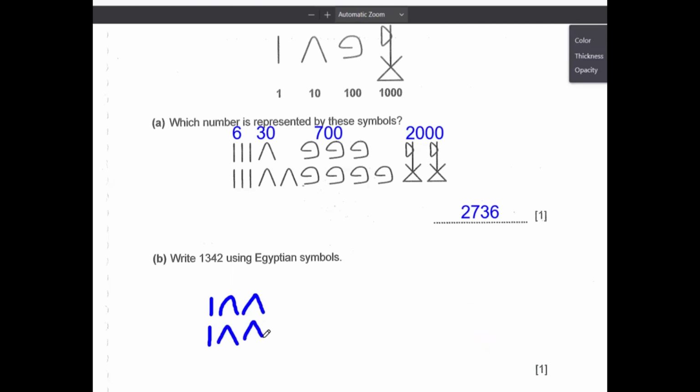This question, I saw it somewhere. There are tens. And then you have got 300. 300, you write each one of them like that, one here. This is the 300.